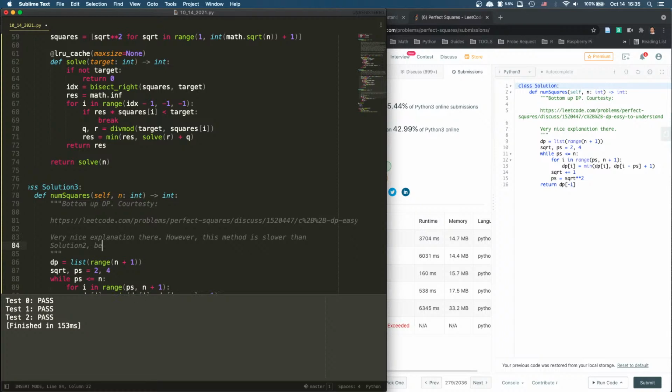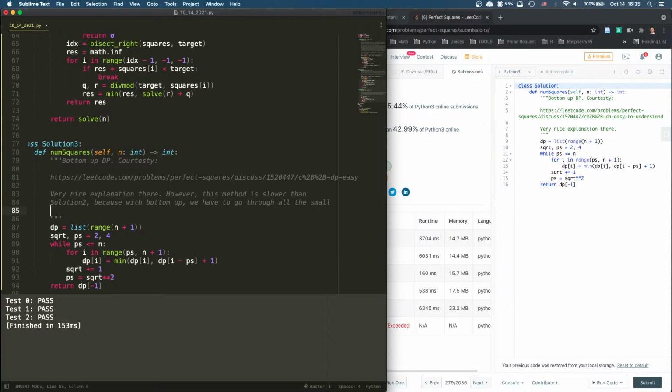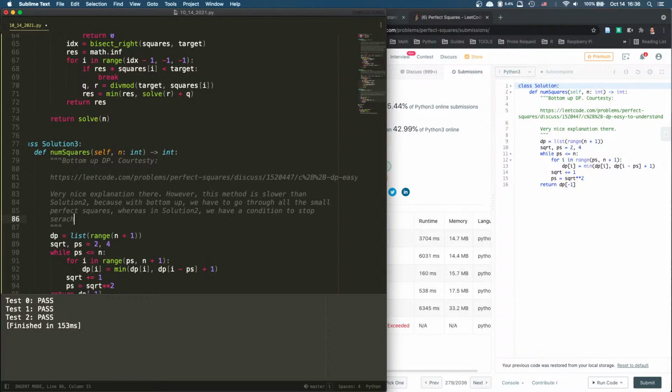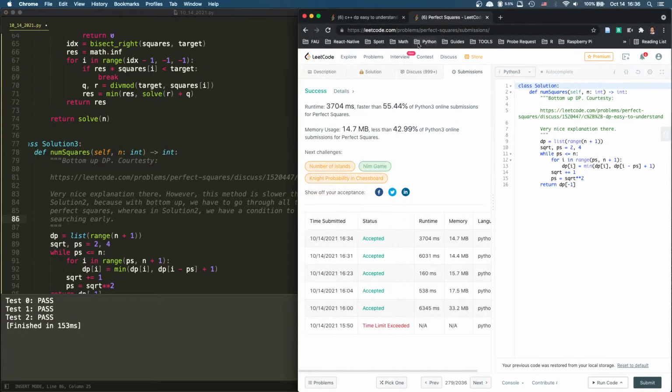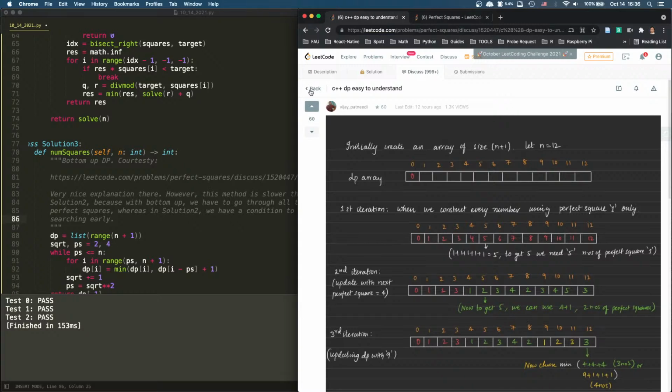And solution 2, because with bottom up, we have to go through all the small perfect squares, whereas in solution 2, we have a condition to stop searching early. Yeah, that's why this one is... But this is a good solution. Yeah, this is a good one.